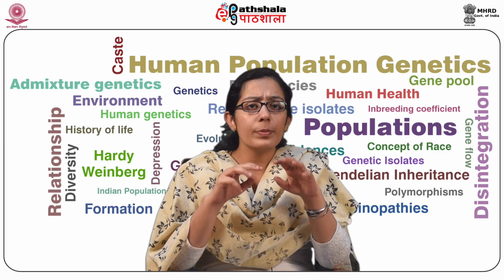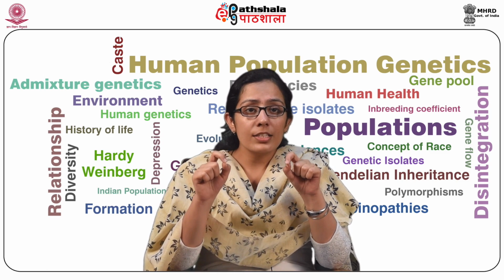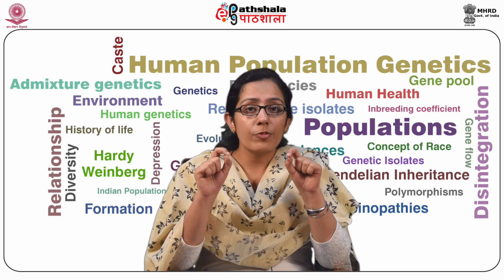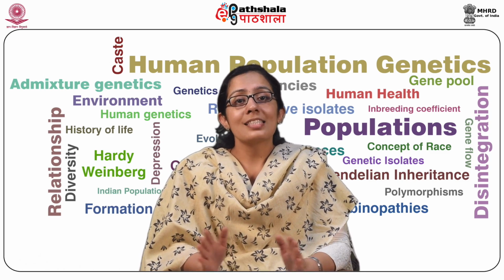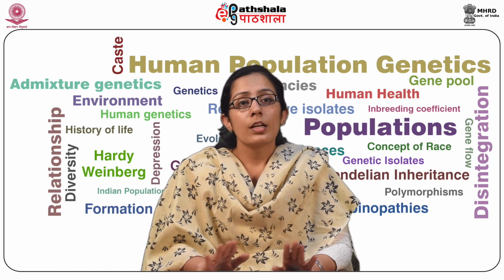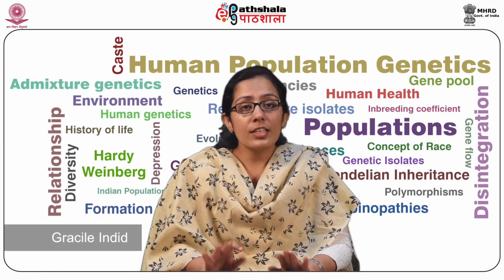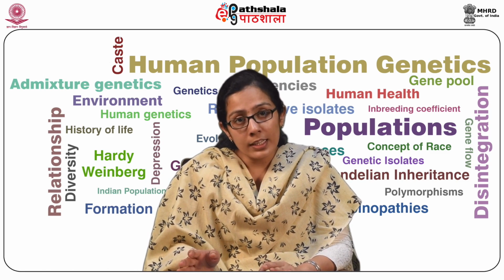The third type is the Indid type. They are culturally advanced with fine physical characteristics. They are also referred to as New Indians and can be divided into subgroups. The first one is Gracile Indid, which is characterized by brown skin color.